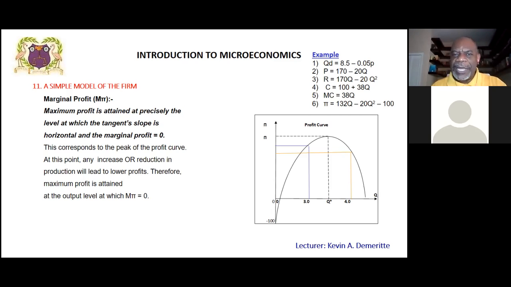So all we're doing when we're talking about a simple model of the firm is trying to understand, from the firm's perspective, how do we get to that point? Because when we get to the point where the very last item we sell makes just enough money to cover the cost of that item, that means we have made all the money we can possibly make from the sale of those items.